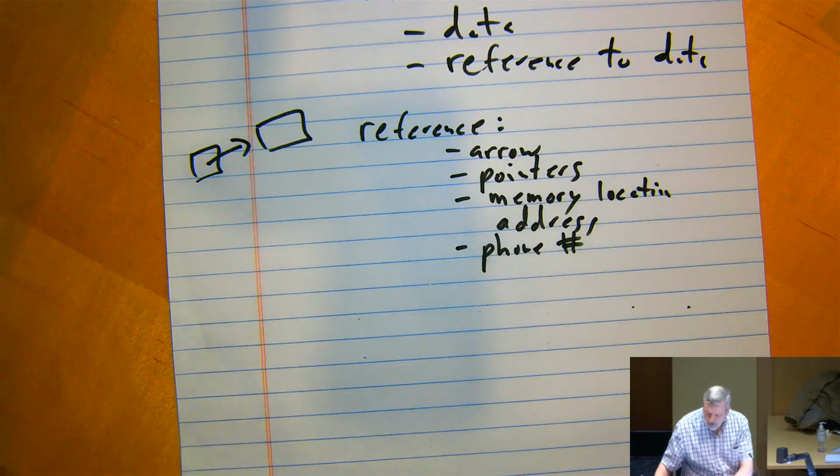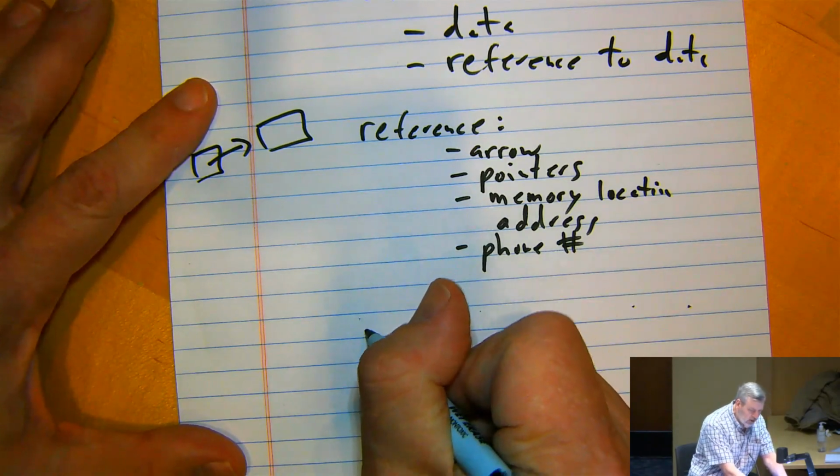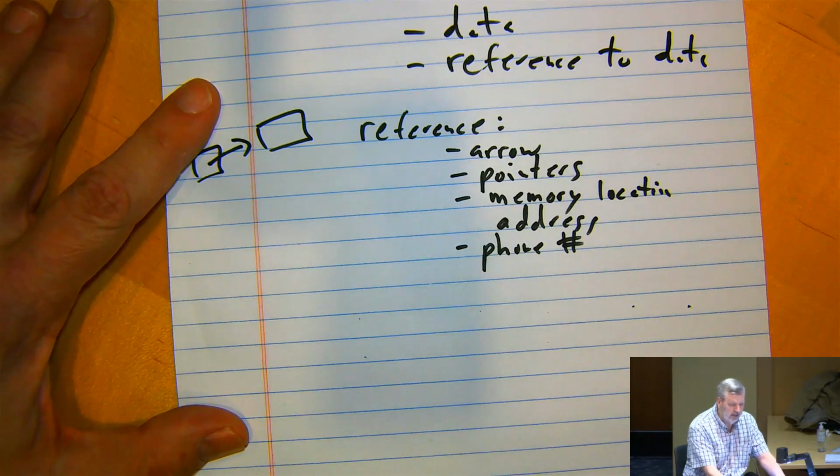All right, let me make sure I'm going to be doing the right thing here. Okay, so I wanted to show you a little picture of the basic building block for linked lists.